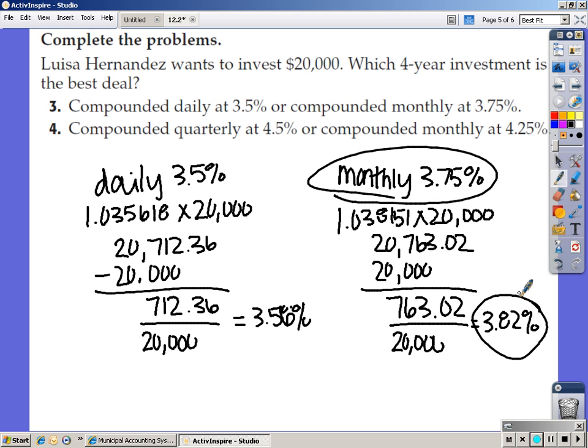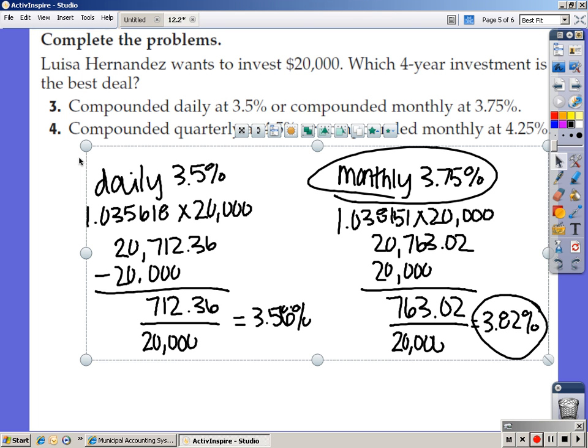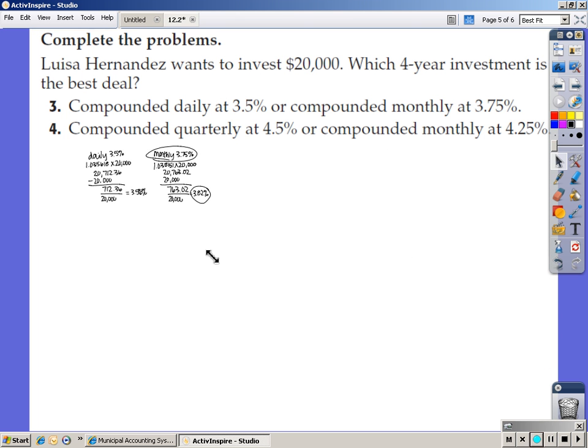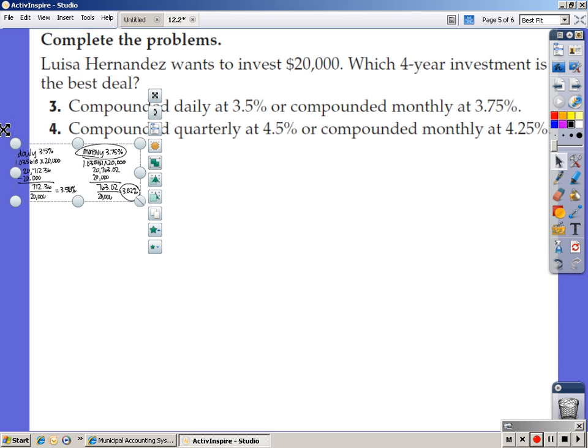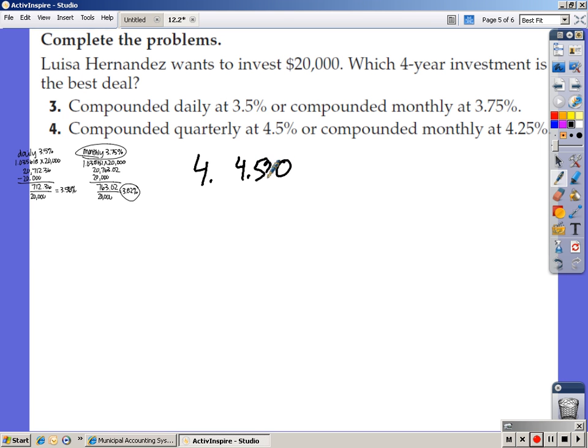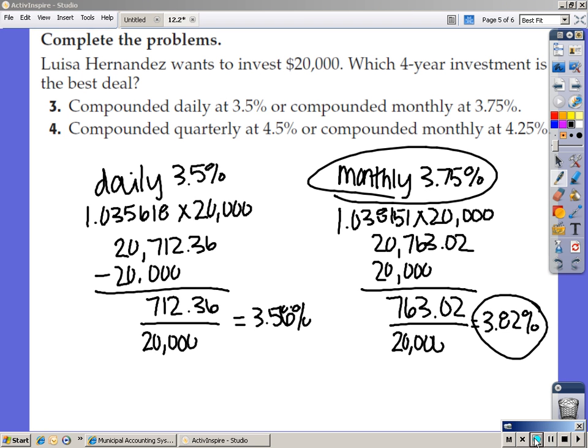Okay? All right. Now, I'm going to go ahead and make that a little bit smaller so I can do the next problem. Okay? All right. Number 4. Okay. 4.5 quarterly. 4.5 quarterly is okay.